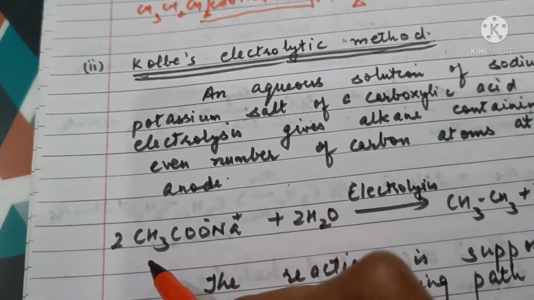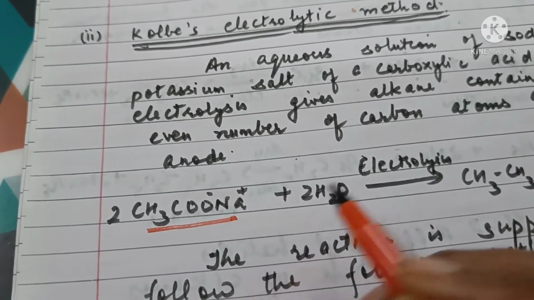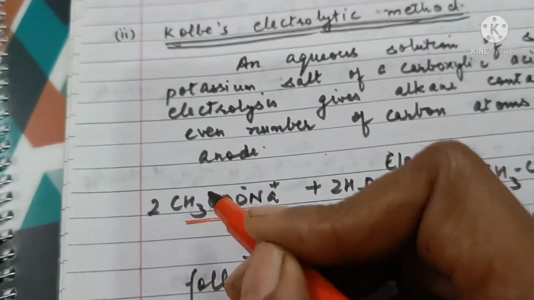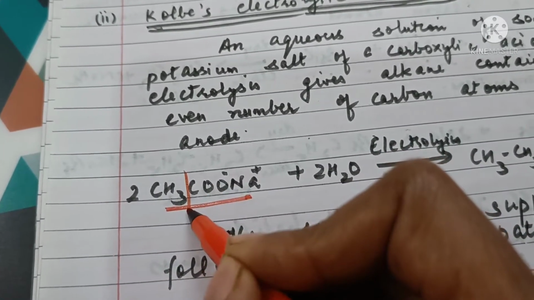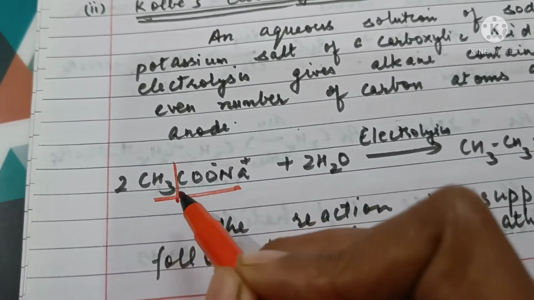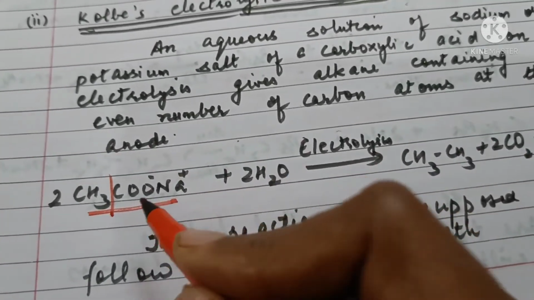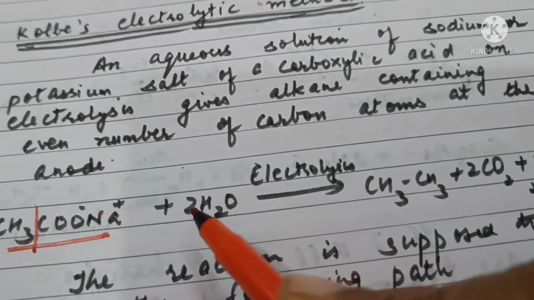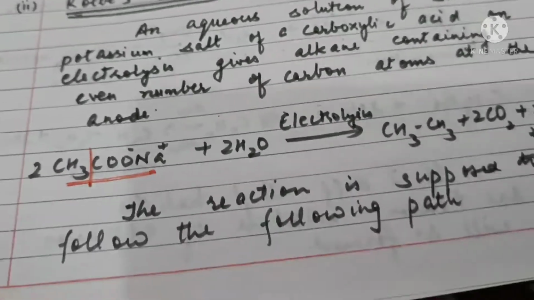For example, if we are carrying out electrolysis of an aqueous solution of sodium acetate, then 2 minus 1 is methyl. Methyl joining with methyl will make ethane. Along with that, carbon dioxide gas is evolved, NaOH is formed, and hydrogen gas is also formed.